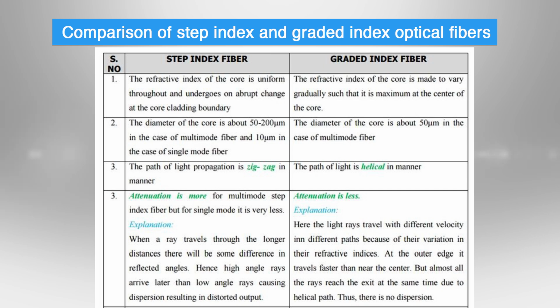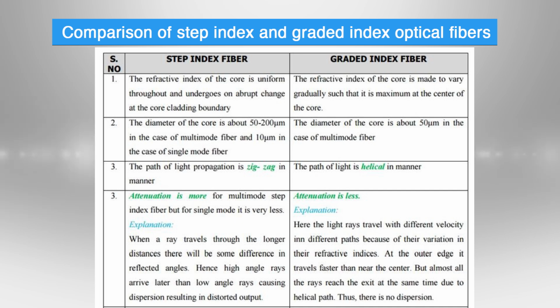If we compare the construction of both the fibers, then step index optical fibers have simple construction with a distinct core and cladding boundary, whereas graded index optical fibers are more complex with a continuously varying refractive index in the core.